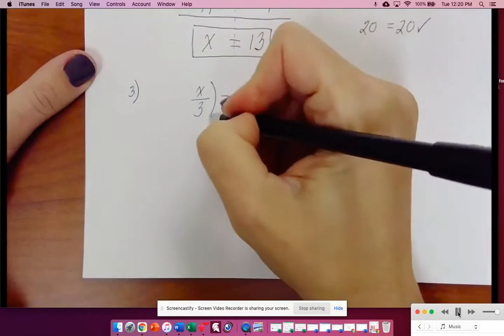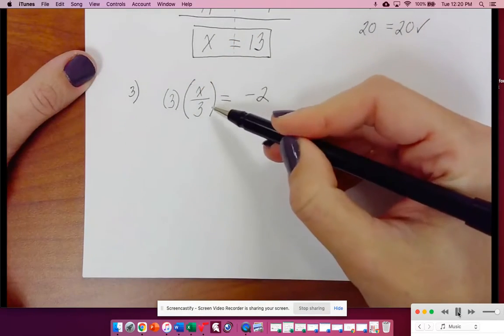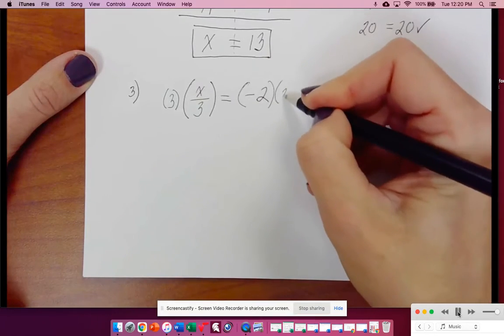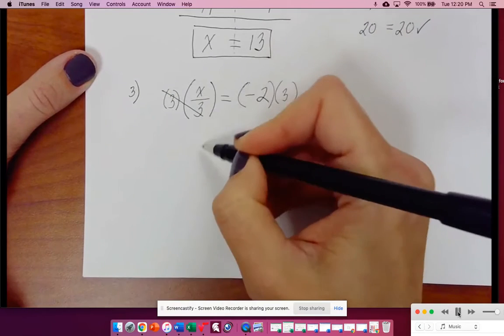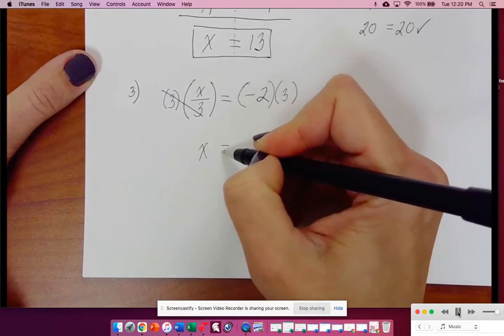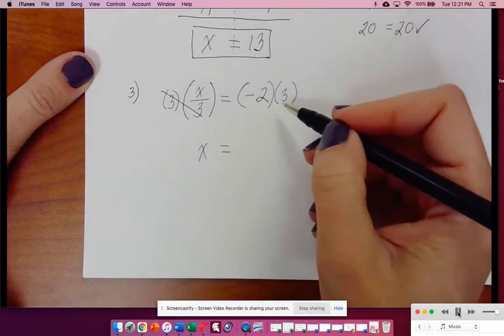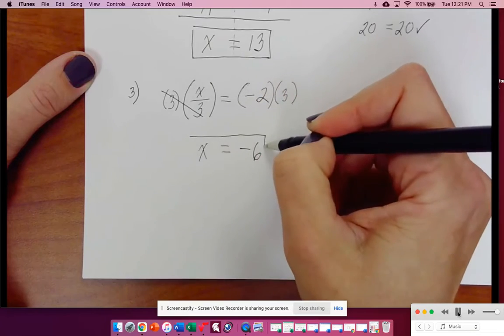How you're going to show that is with parentheses, because that groups the entire side of the equation that you're multiplying by 3. Here that's going to cancel out. You're left with x. Put the equals in the middle and do this math. Negative 2 times 3 is negative 6.